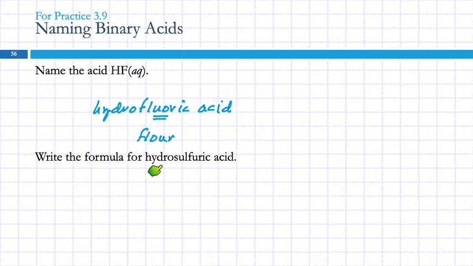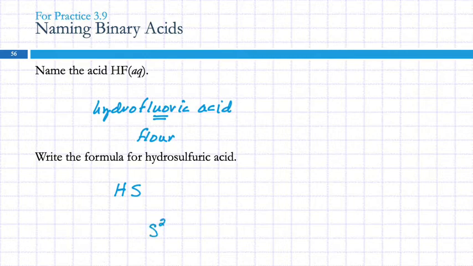Write the formula for hydrosulfuric acid. Well, what are the two elements in this acid? Hydrogen and sulfur. Is it just one of each? No, it isn't. How do we know? When the acid dissolves in water, it forms ions. What kind of an ion does sulfur form?